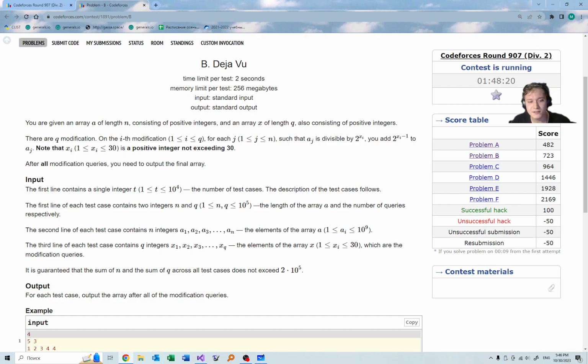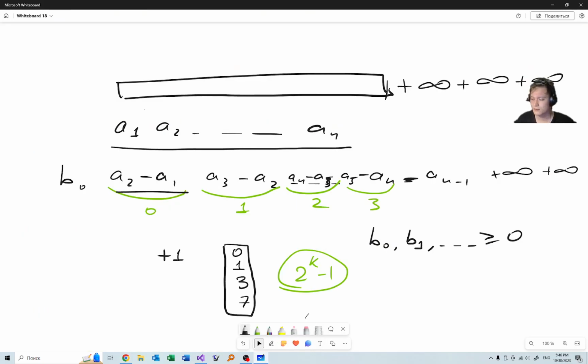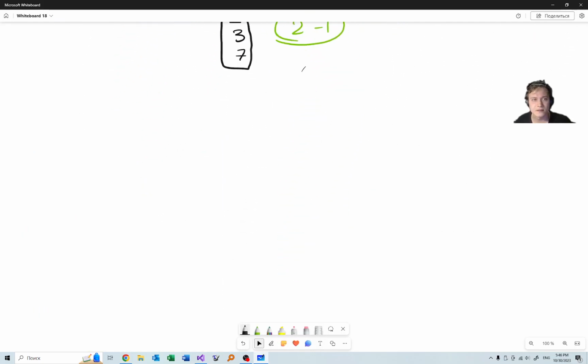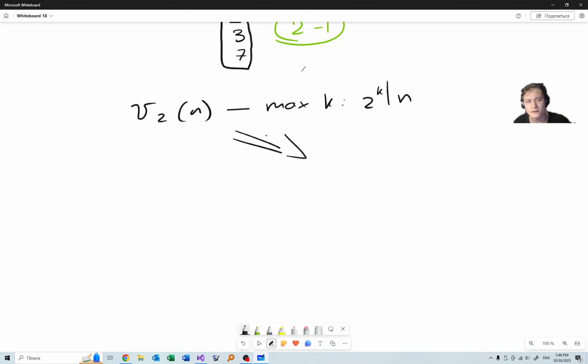The interesting part is that, let v2 of n be the maximum number k such that 2 to the k divides n, or equivalently, k is the number of 2's in n.